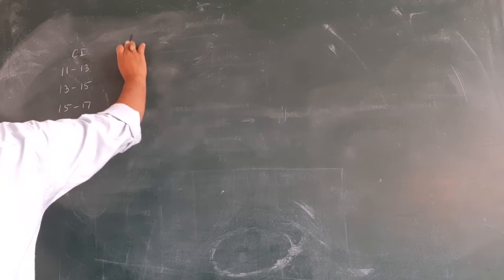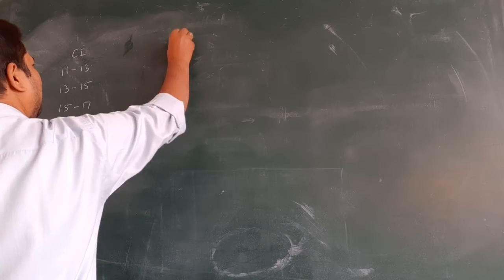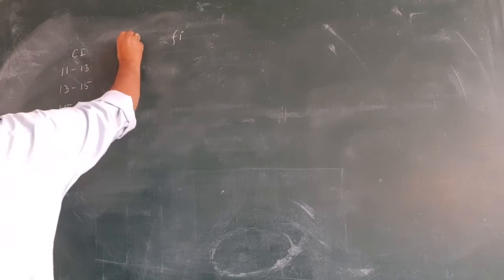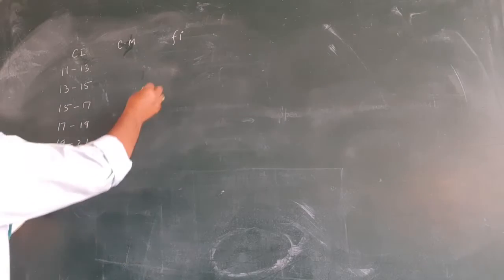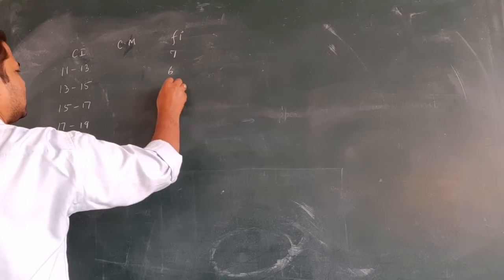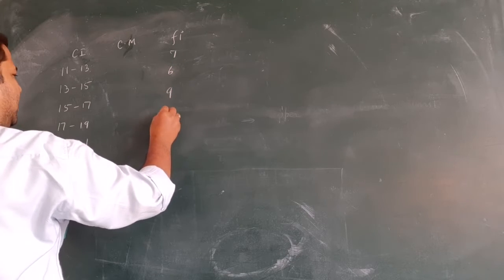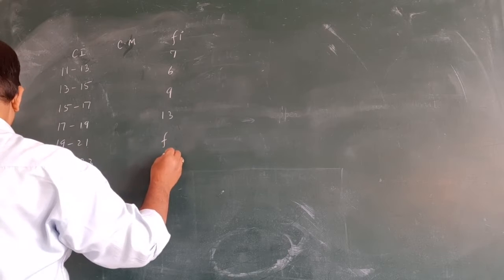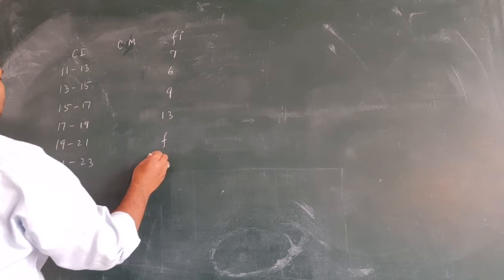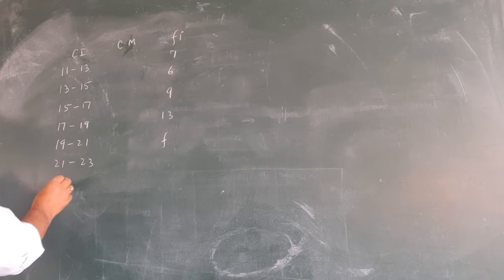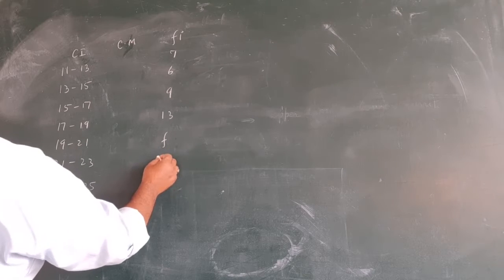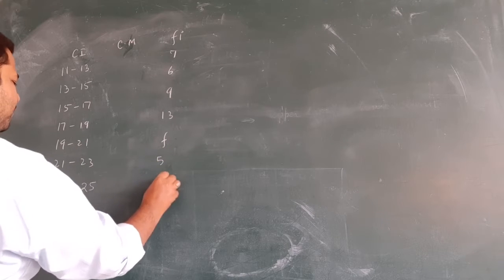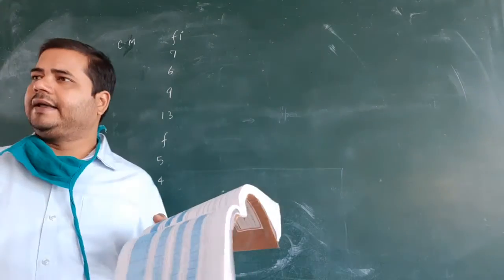Here frequency is given, so I write fi here, because we also make the class mark. The frequencies are 7, 6, 9, 13, f, 5 and 4.